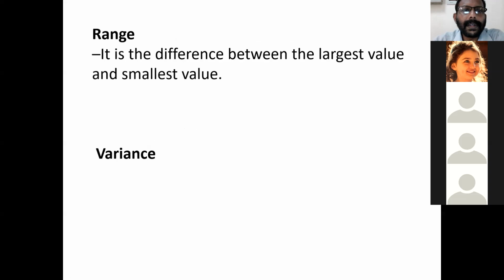First one is range. What do you mean by range? It is a simple measure of dispersion. Can somebody tell me what is range? It is the value which indicates the difference between the highest value in the data set and the smallest value.